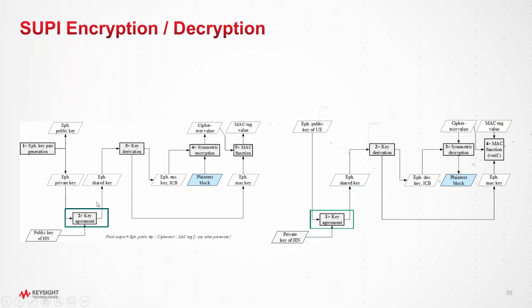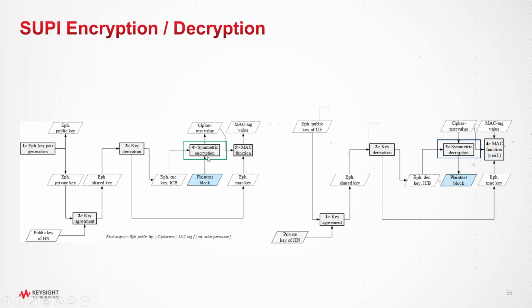So now we have the key agreements on both sides being able to derive the same shared ephemeral key and get to the same point, with a symmetric key on both sides that is essentially the same.